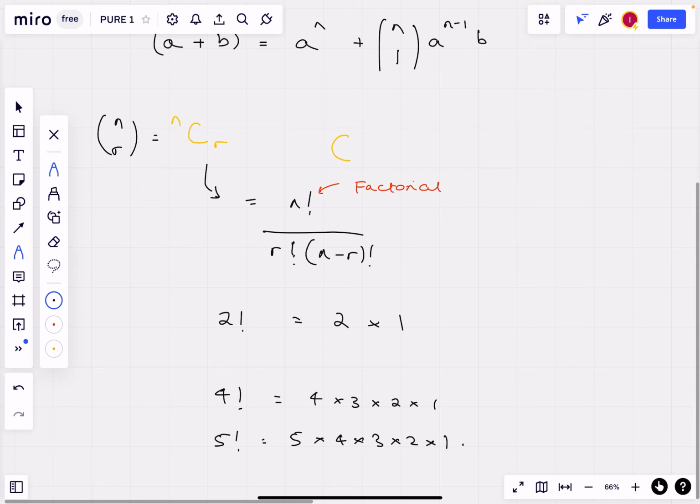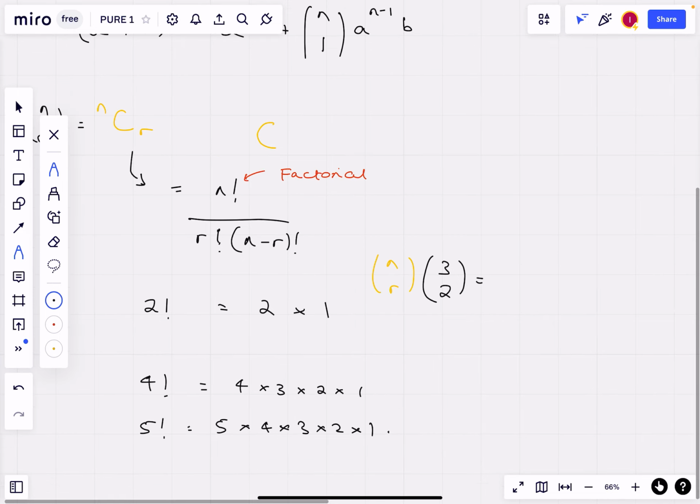Now, if I have 3, 2 in brackets like this, making use of that nr notation, using that factorial fraction, this would be 3 times 2 times 1, all divided by 2 times 1, times by 1.